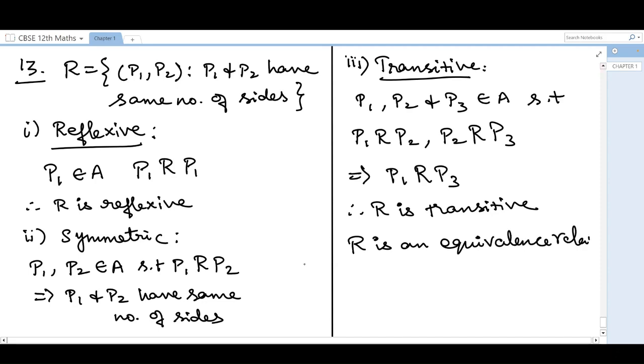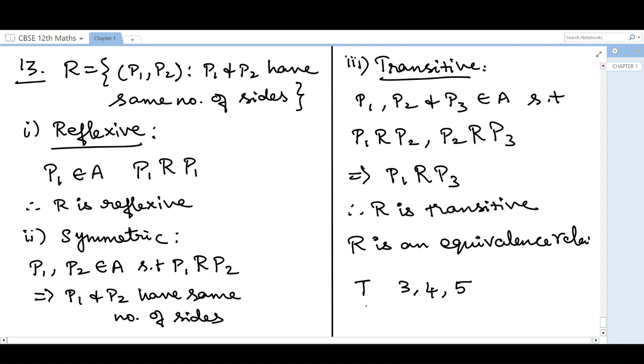Also, we have to identify the set of all elements in the given set A that are related to the right angle triangle T, which is of sides 3, 4 and 5. Since the relation given to us is that two polygons should be of same number of sides, and the polygon given to us is a triangle. In fact, it is a right angle triangle with sides 3, 4, 5.